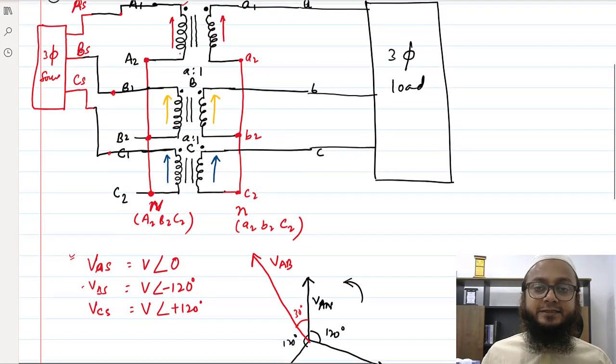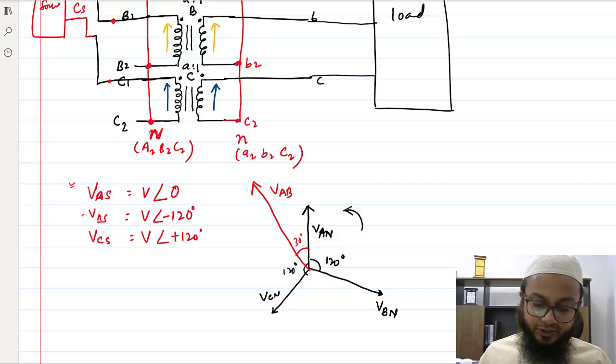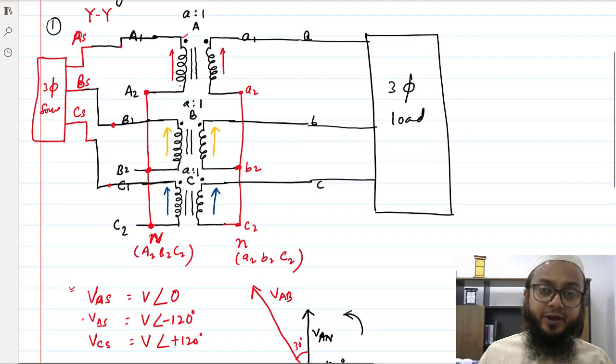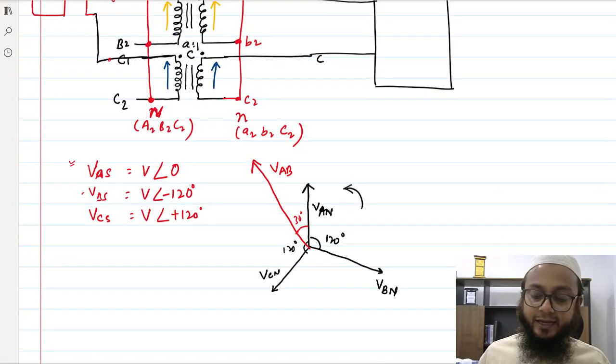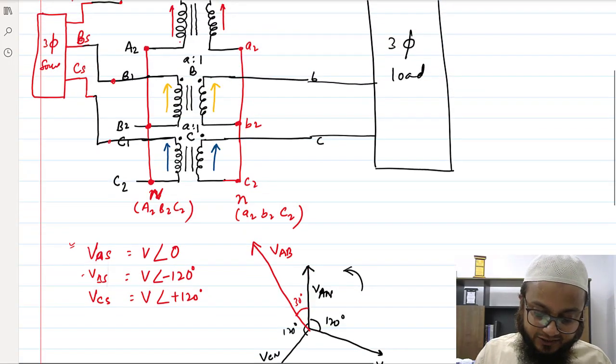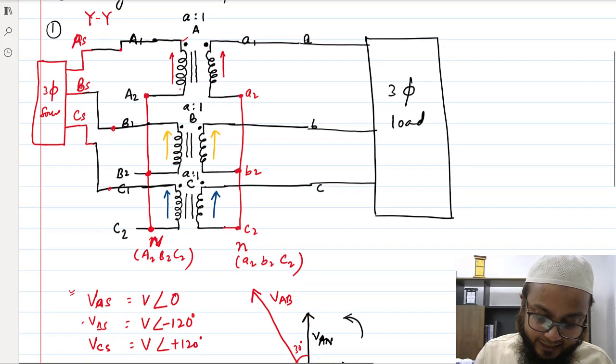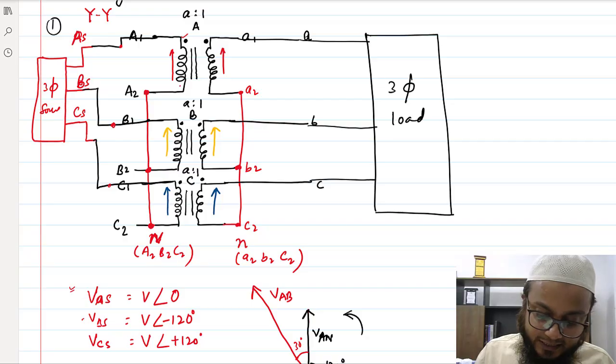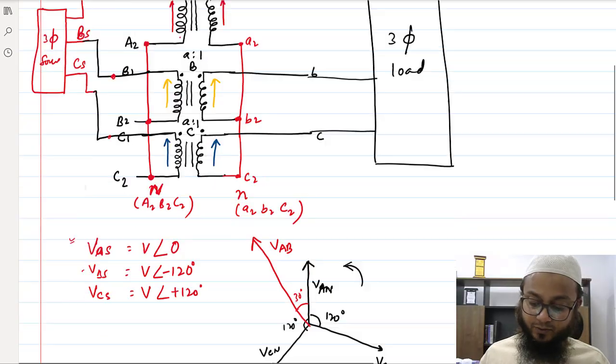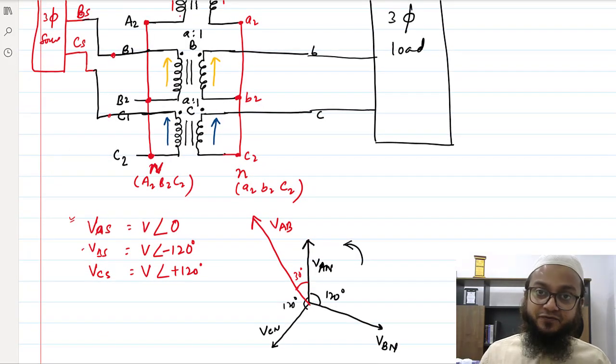What would be there at the secondary of the transformer? Depending upon the turn ratio A, the voltage will appear there, right? On each phase, because A is to 1 I have marked for each phase. So obviously the phase voltage will be transformed as per the transformer ratio in the secondary of the transformer.